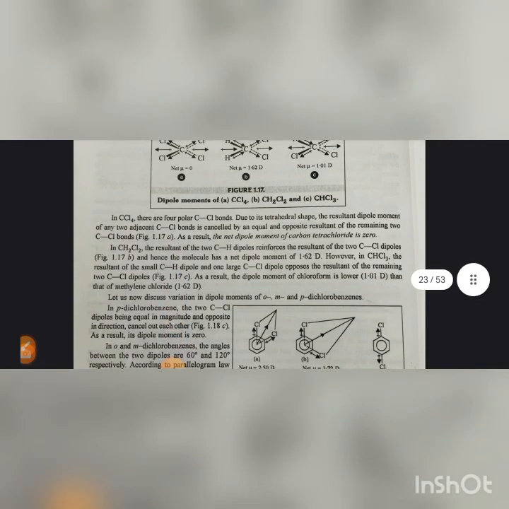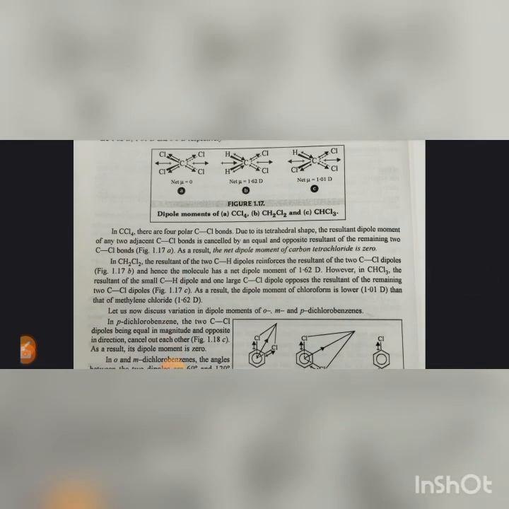Okay, in CCl4 there are four polar C-Cl bonds. Due to their tetrahedral shape, the resultant dipole moment of any two adjacent C-Cl bonds is cancelled by an equal and opposite resultant of the remaining two C-Cl bonds. As a result, the net dipole moment of carbon tetrachloride is 0.